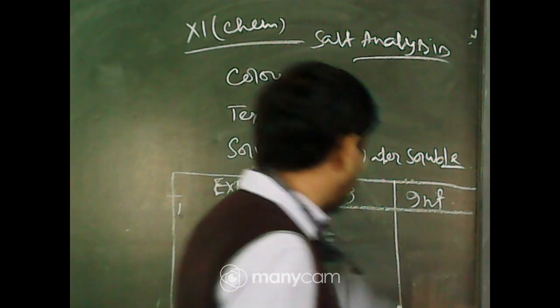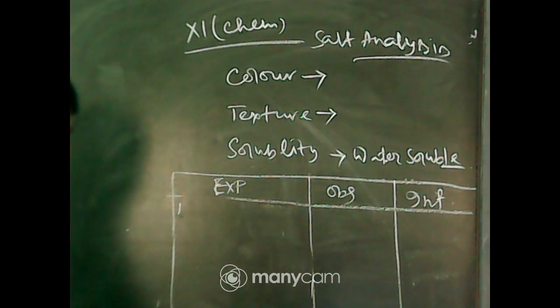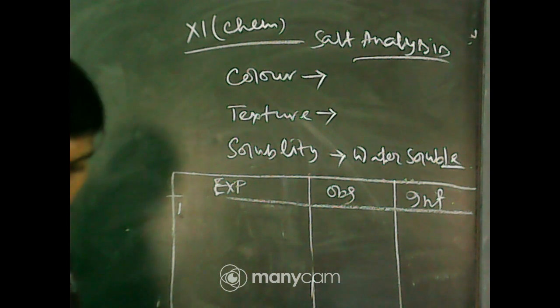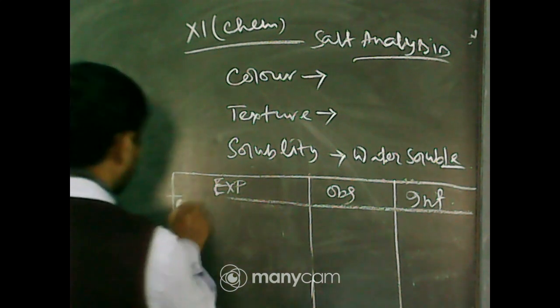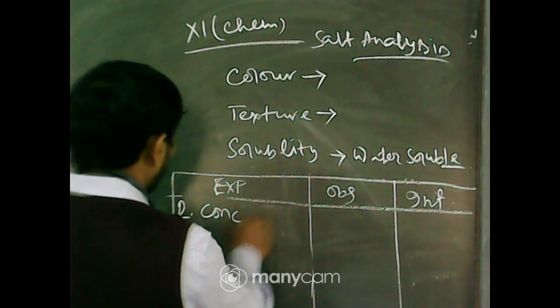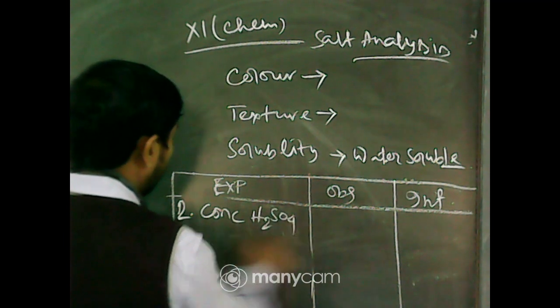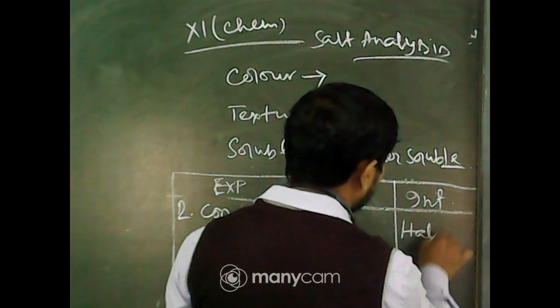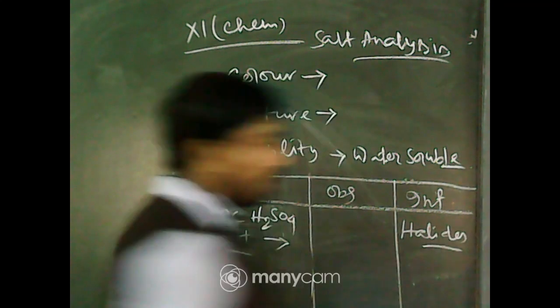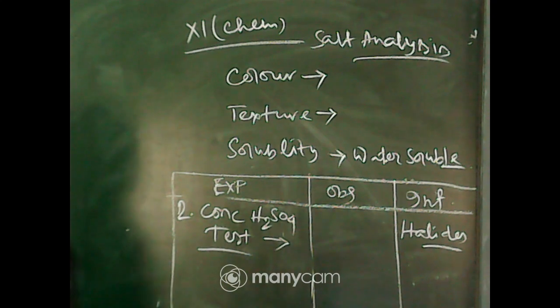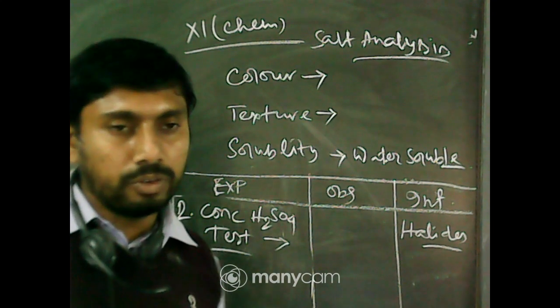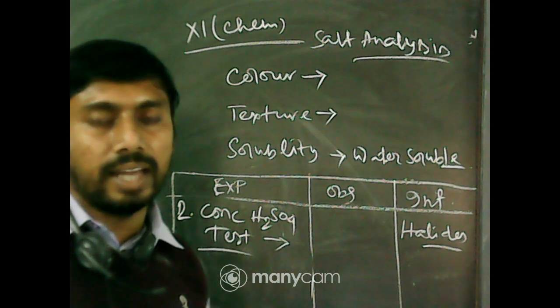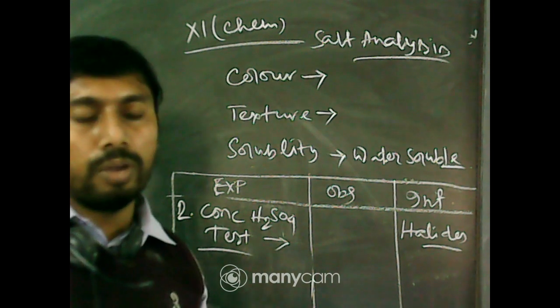Next experiment, that is for anions also, is the concentrated sulfuric acid test. So, experiment number 2 is the concentrated H2SO4 test. This is basically for halides, because concentrated sulfuric acid makes the volatile halides evolve from the system.